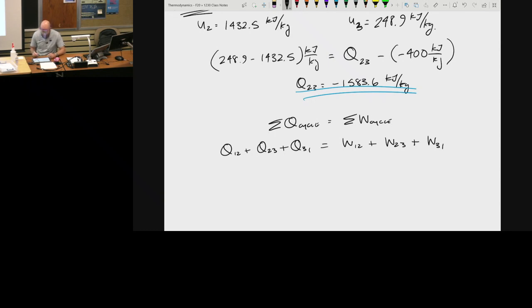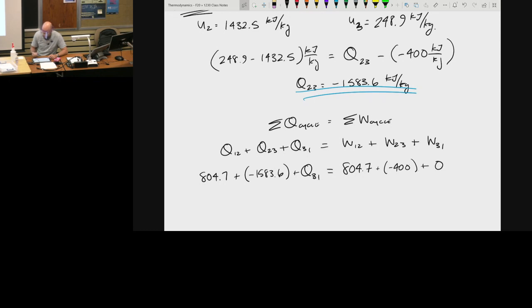So what did I find for Q12? I found that this is equal to 804.7, plus the heat transfer from 2 to 3, which I found was minus 1583.6. I do not know what the Q31 is. That's my unknown. The work from 1 to 2 is 804.7. The work from 2 to 3 is equal to minus 400.